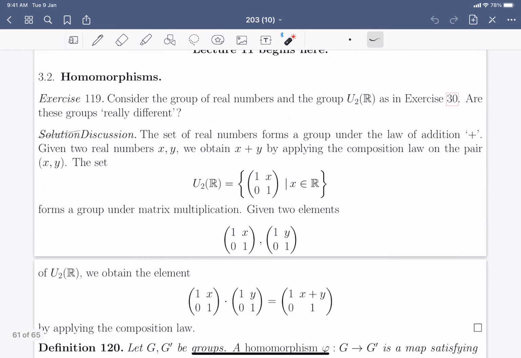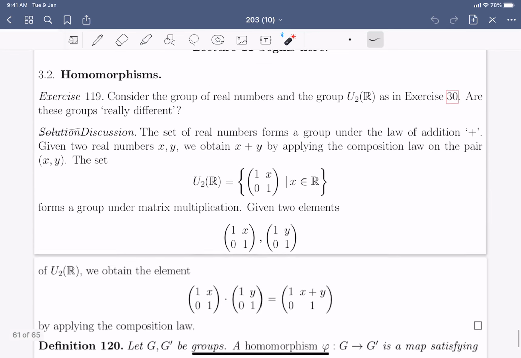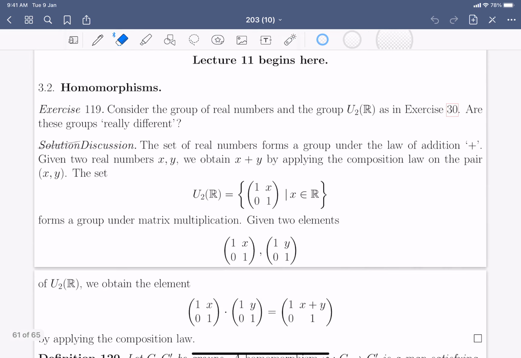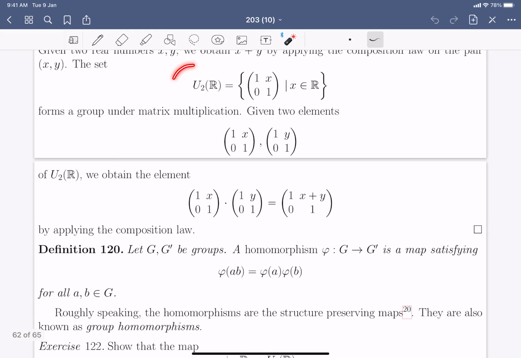So the question that we had is about this group U2R and this group of real numbers. As we saw, when you pick two real numbers x and y, by composing them, what we end up getting is x plus y, and if you pick two elements from U2R, [[1, x], [0, 1]] and [[1, y], [0, 1]], by composing them we end up getting [[1, x plus y], [0, 1]].